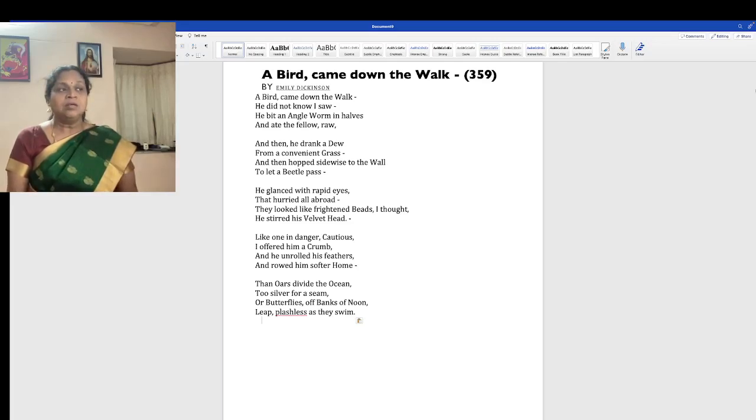Now, you find at this point of time, the poet intervenes. And what does she do? She, like one in danger, cautious, so she understands that the bird feels threatened, that the bird feels that it is in danger, and therefore the poet is too cautious about the bird's feeling.